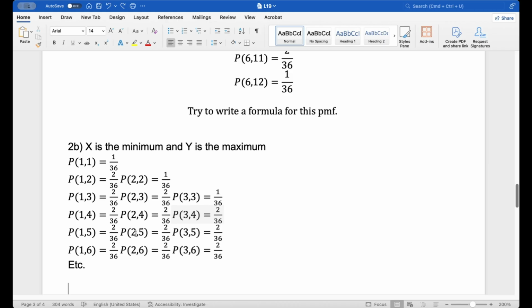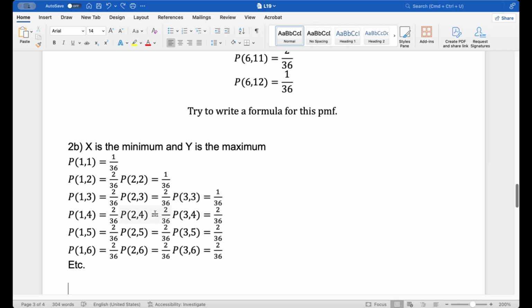Again, (1, 4): there are 2 ways for that to happen, (1, 4) and (4, 1). (2, 4) is going to be the same thing, (2, 4) and (4, 2). For (3, 4), you can get (3, 4) or (4, 3). So we see a pattern here: when the values are different, the probability is 2 out of 36. When they're the same, it's 1 out of 36.